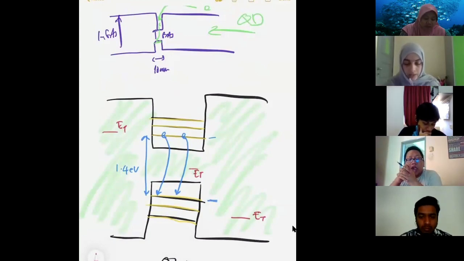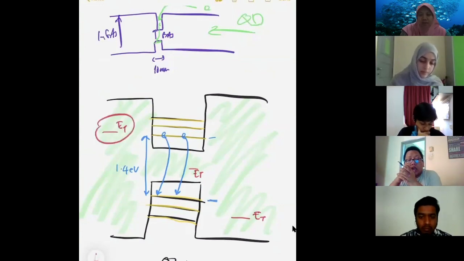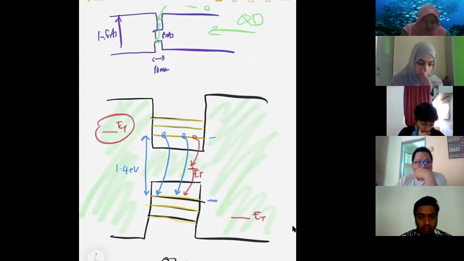If the recombination happens in the quantum dot or quantum well, the trap over here will not make much difference to the recombination. It doesn't matter, right? But here it matters, because the carrier can go here and then go there, and then you have phonon coming out because it's not direct.